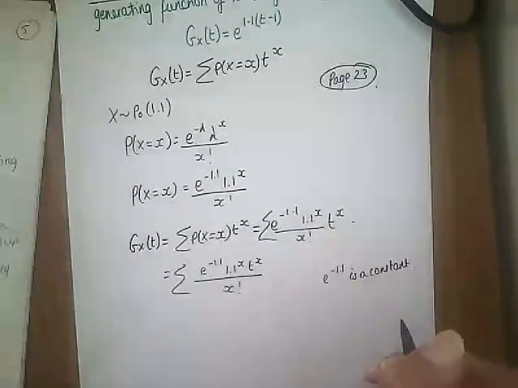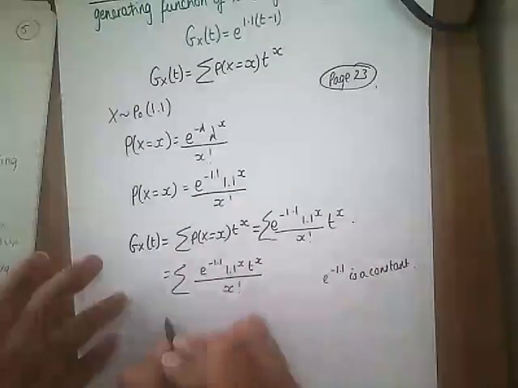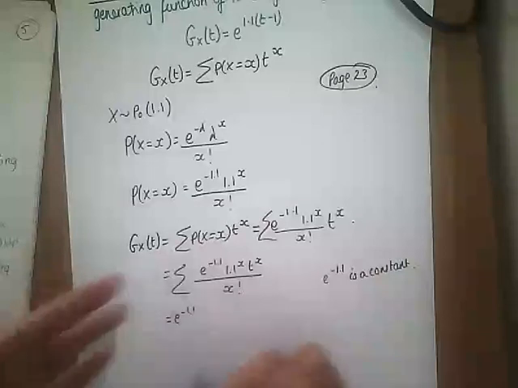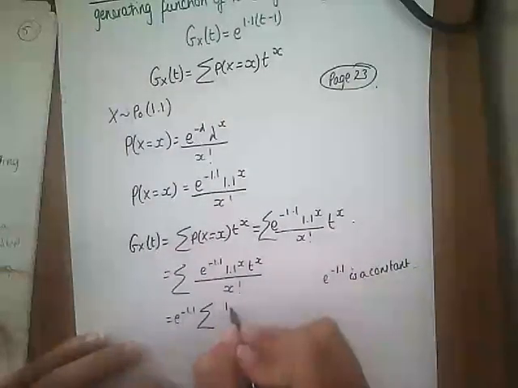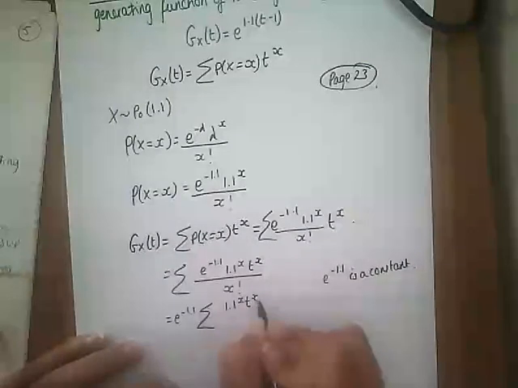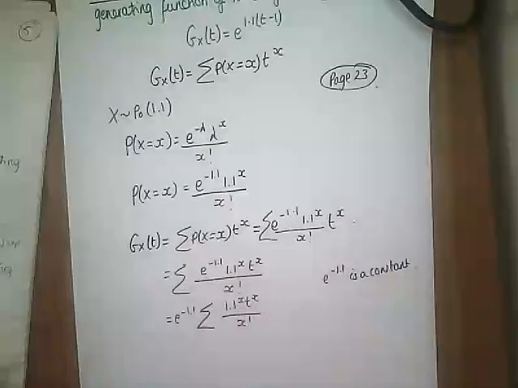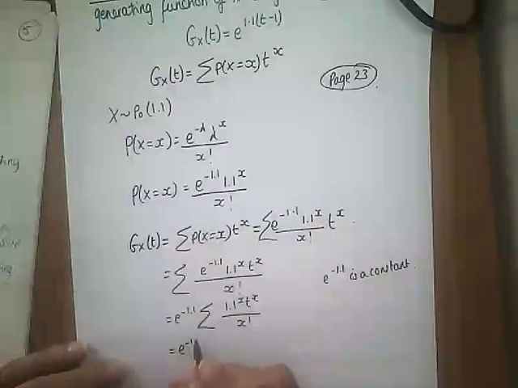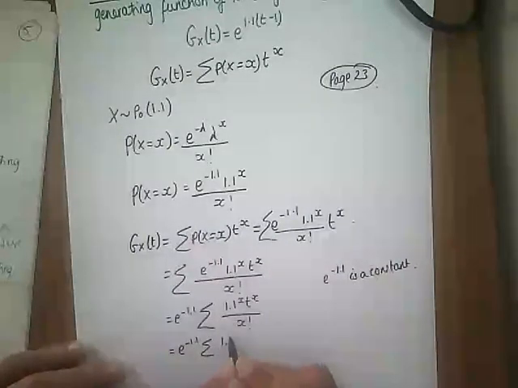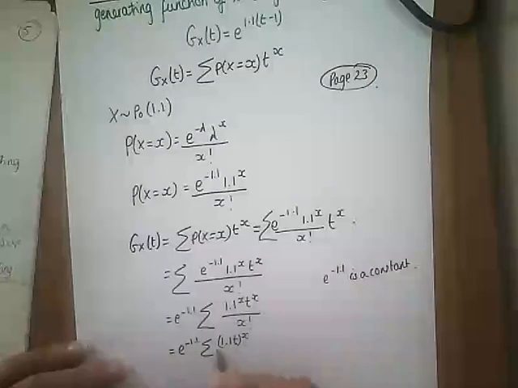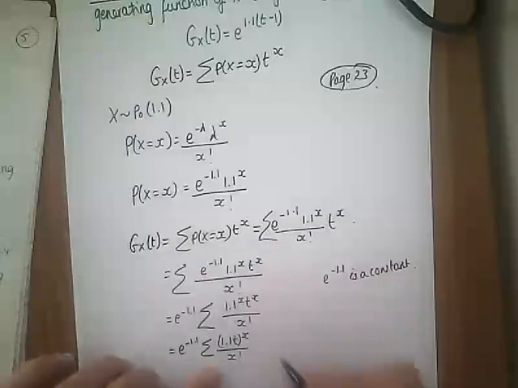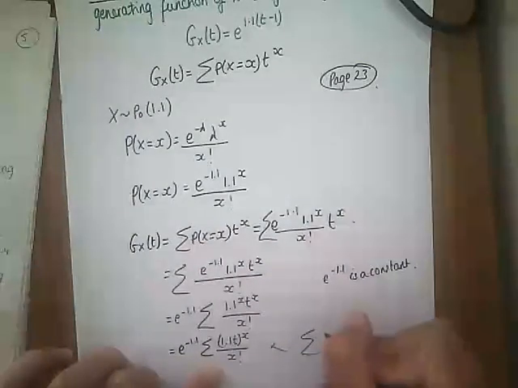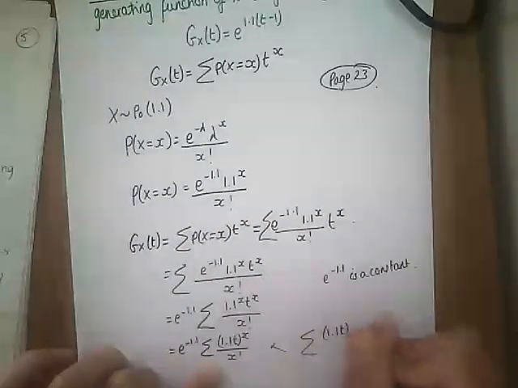So I can take a factor of e to the minus 1.1 out, which means I'm left with the sum of 1.1 to the x, t to the x, over x factorial. Now I can tidy that even further and make it the sum of (1.1t) all to the power of x over x factorial.